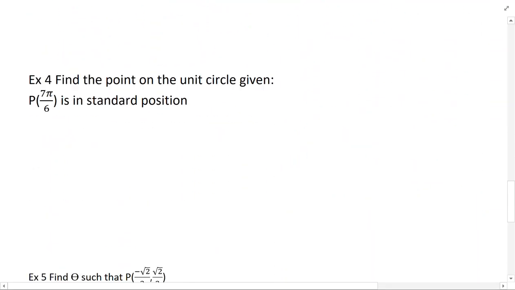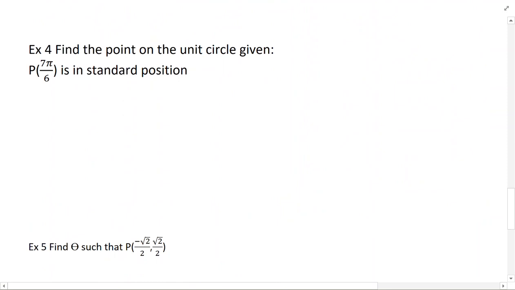Next question. So find the point on the unit circle given 7 pi over 6 is in standard position. So with these questions, it's always a good idea to sketch it out. So we have our unit circle kind of here. And right now we're looking at 7 pi over 6 in standard position.